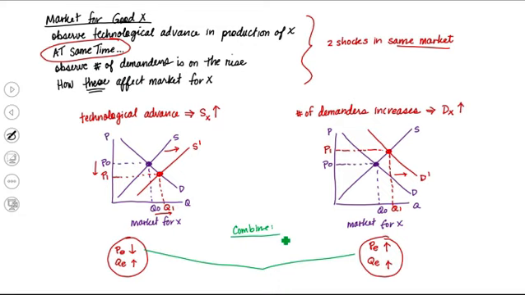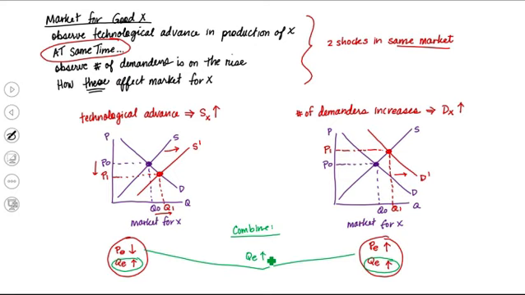Well, let's look at quantity. Do we agree that the supply shock caused quantity to go up, and the demand shock also caused quantity to go up? So I know with certainty that the equilibrium quantity is going to go up.